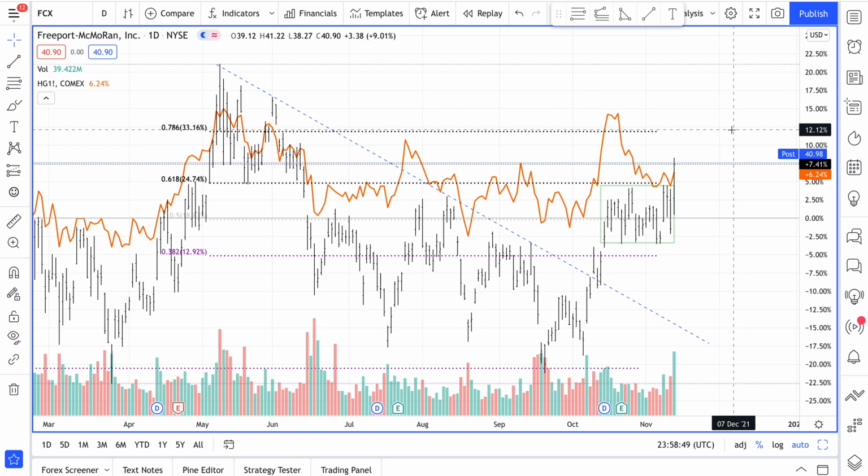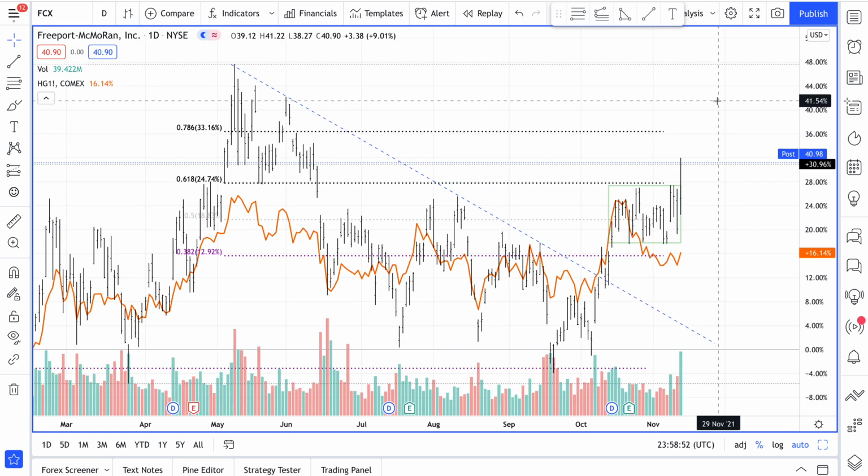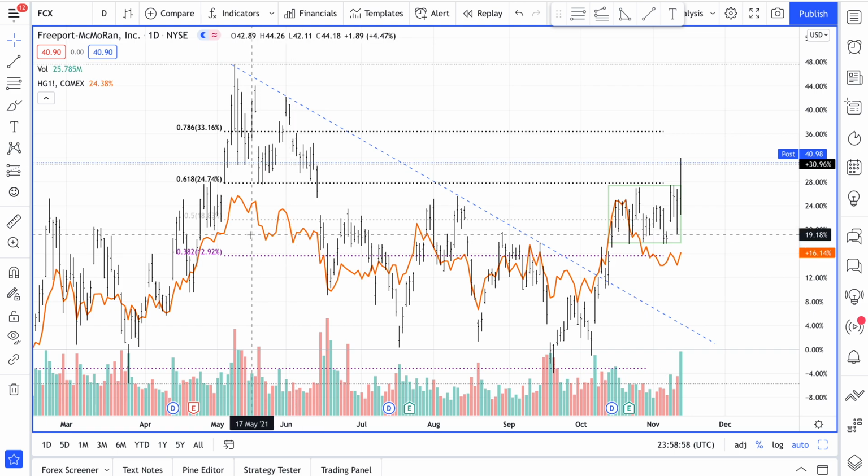What we can see is that the stock Freeport-McMoRan and the price of the commodity, copper, seem to be moving in lockstep. So there is a pretty good correlation. Obviously it has not moved in tandem 100% of the time, and it appears that at times the commodity might have been a little bit stronger.